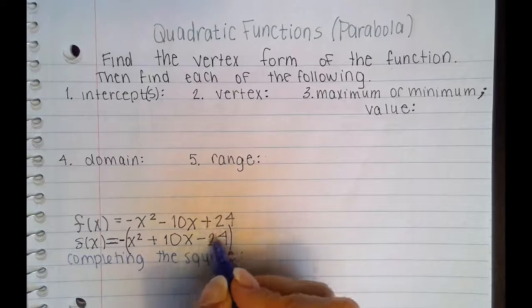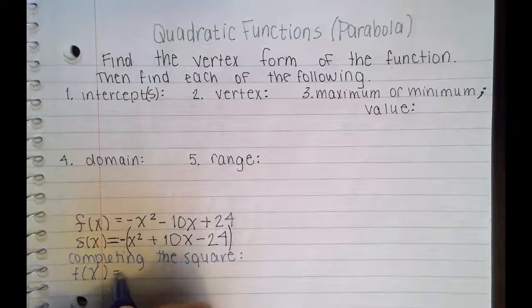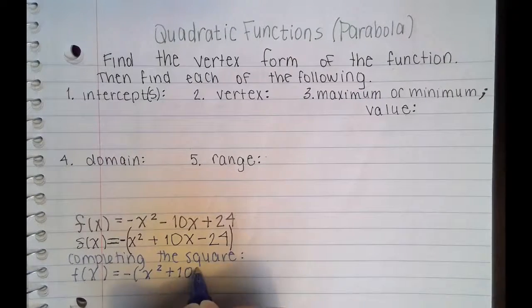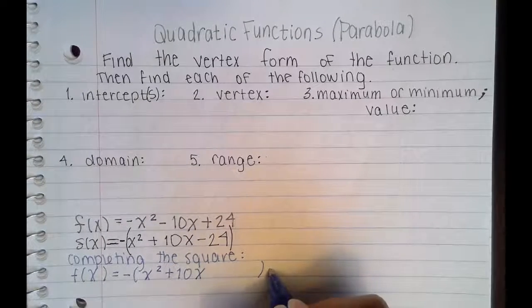So next step, f of x equals negative x squared plus 10x. Now I'm going to leave some space on the side here, and I'm going to have that plus 24 from the beginning.